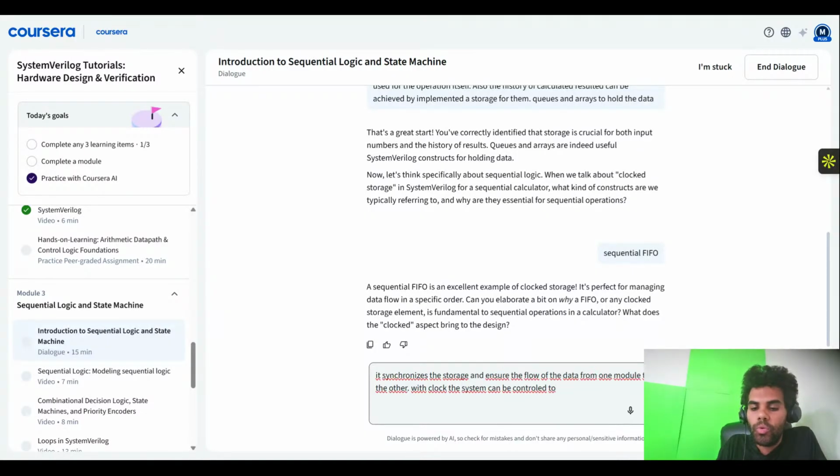Controlled to store data in the exact moment.